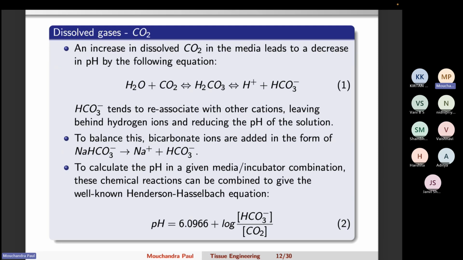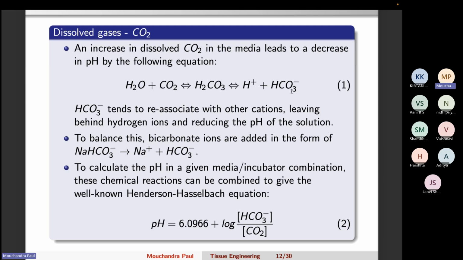This carbonic acid further releases hydrogen ions, because of which the pH is changing. If you remember how the pH is calculated, we use the concentration of hydrogen ions. The higher the hydrogen ion concentration, the more the pH will be towards acidic. So this kind of reaction takes place. Now, in order to maintain the pH of 7.4, we want that there should always be a high concentration of bicarbonate ion.